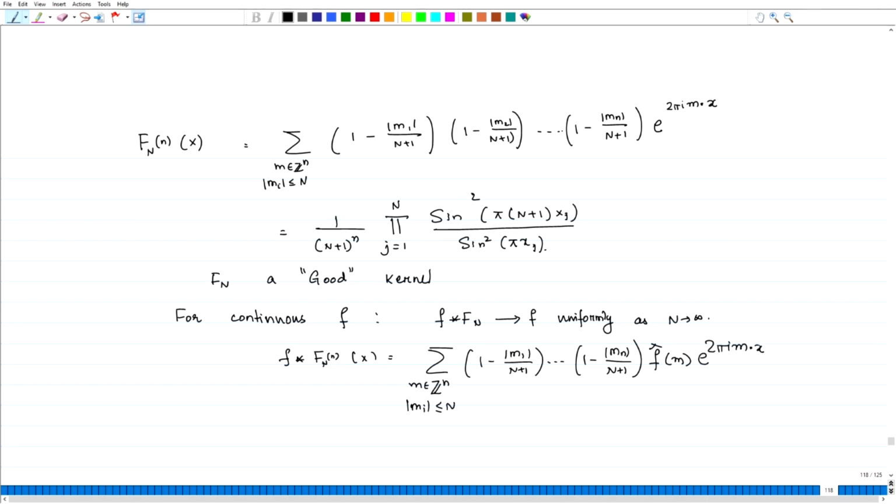So this is again a trigonometric polynomial, and this trigonometric polynomial is going to be dense in this.